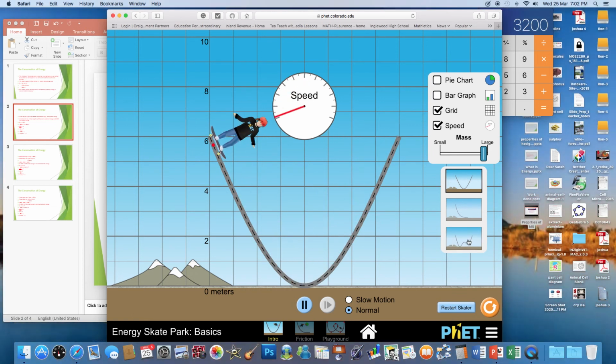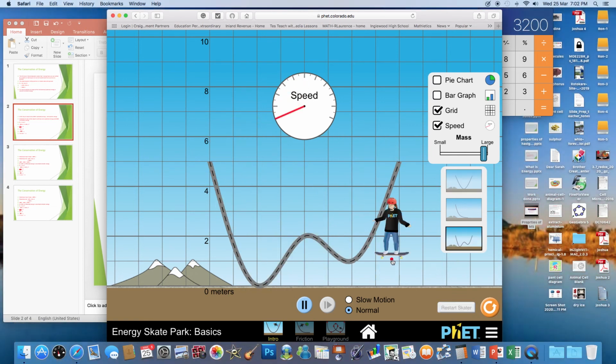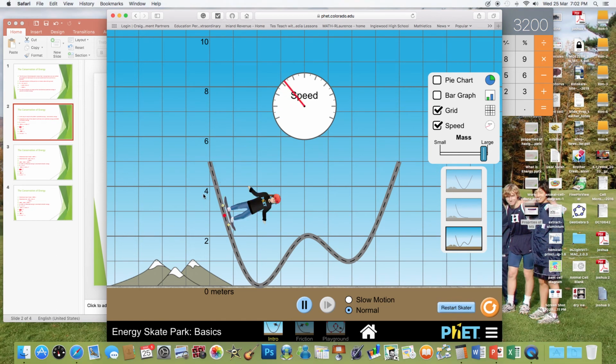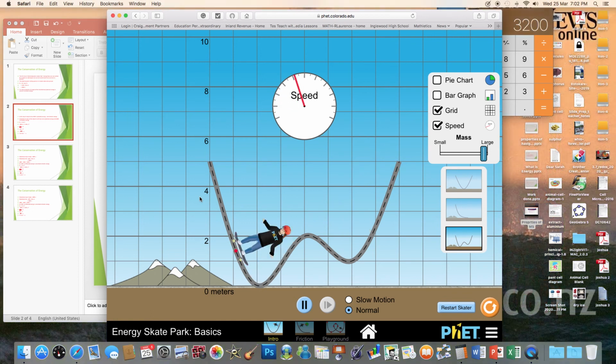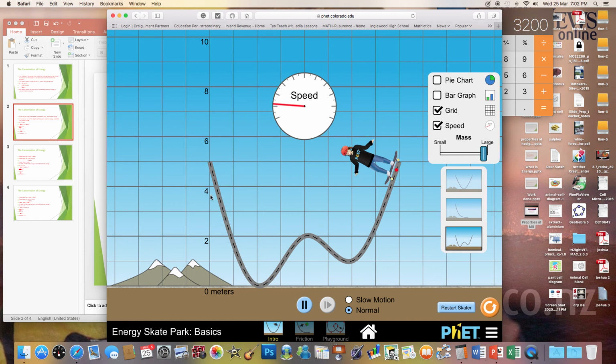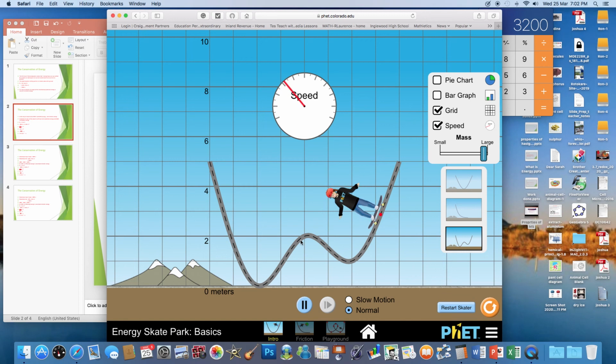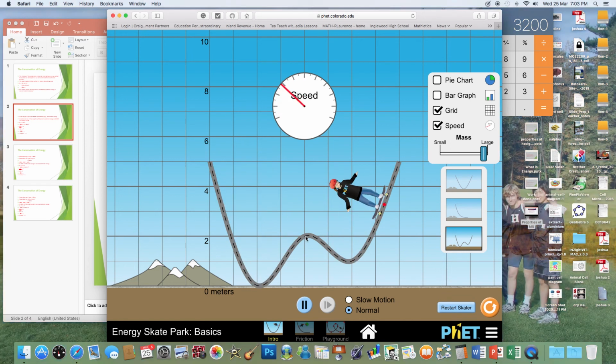Now, if we switch to this one and we put them in here, if we let them go, you can see what happens here. So all his potential energy here is converted to kinetic energy there. Some of it's converted back to potential energy there.